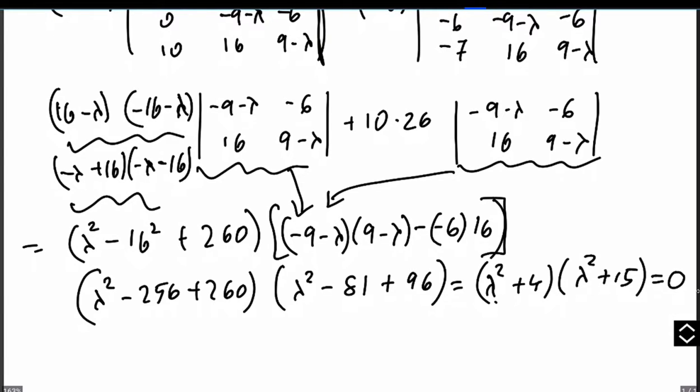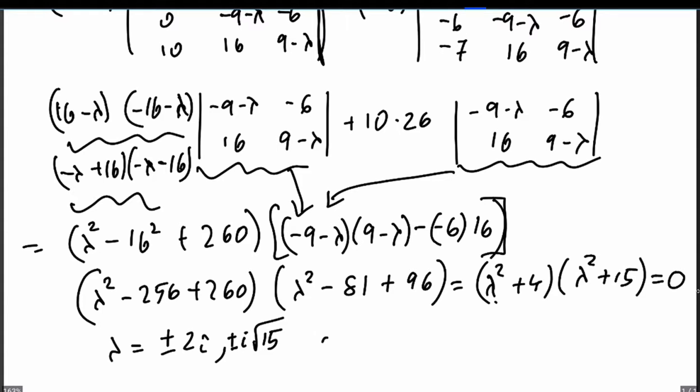So setting this equal to 0, we see that the way you can get 0 is that one of the factors is 0. Lambda squared plus 4 is 0. You get plus minus 2i as an eigenvalue, and the other two eigenvalues from lambda squared plus 15 equals 0 are i times plus minus square root of 15.